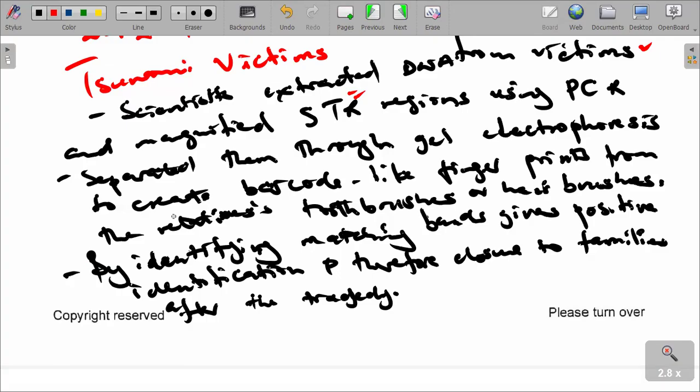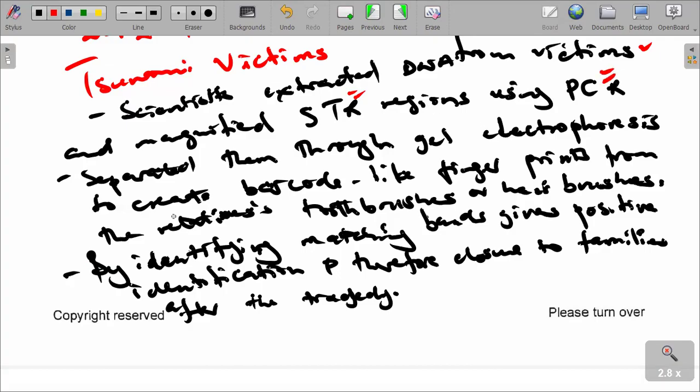They can vary from individual to individual, so they can be used to identify people, and also using the polymerase chain reaction.